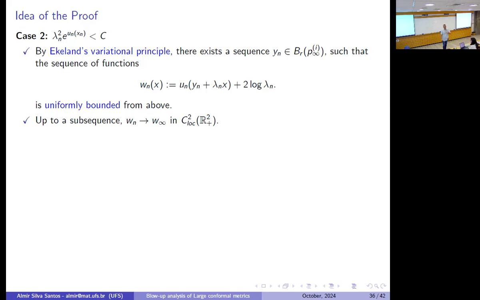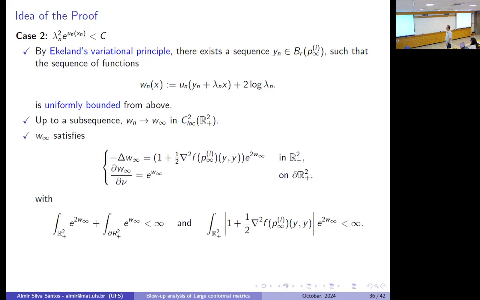Now, in the half space, exactly, this limit W_infinity satisfies this PDE with this condition here, right? But then this is not possible.